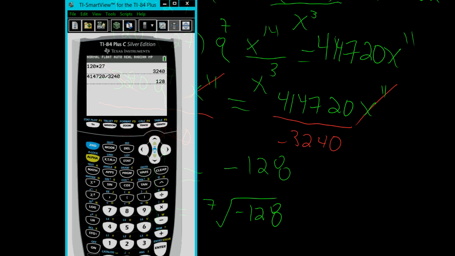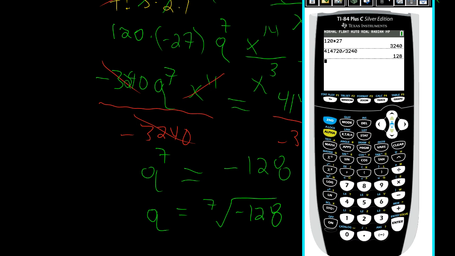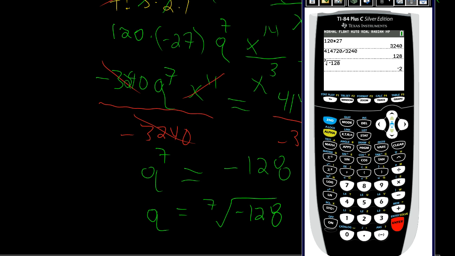And I'll show you how to do that on a TI. And if you know 128 is 2 to the 7, more power to you. But for the 7th root, I got to go 7, then math, and then it's the variable one, number 5, and then negative 128. And then I should get negative 2, which is wonderful.